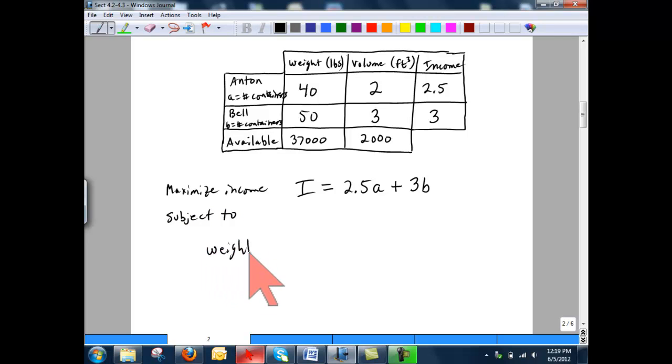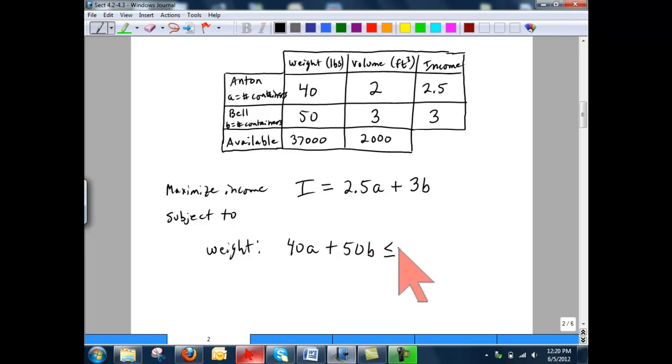We'll have a constraint on weight. That is 40 pounds per Anton container times the number of Anton containers. This is the total weight of the Anton containers that we load, plus 50 pounds per Bell container times the number of Bell containers. So the second term is the total weight of the Bell containers we're shipping.